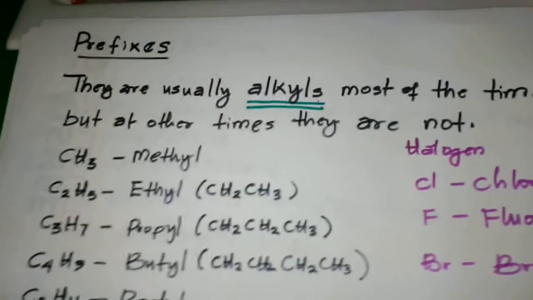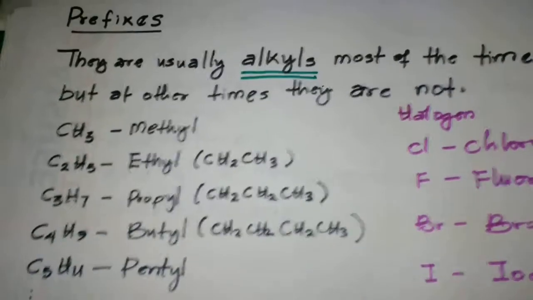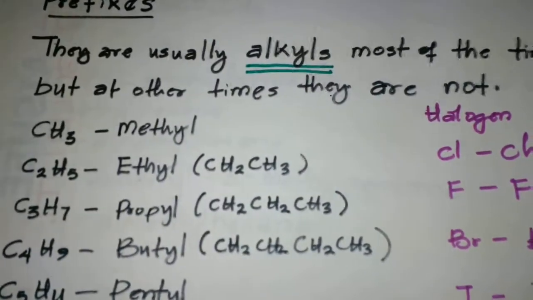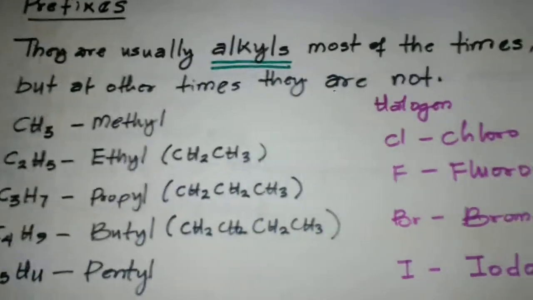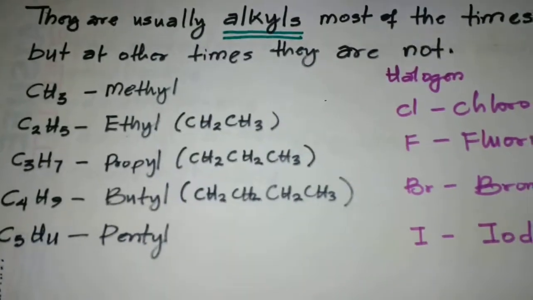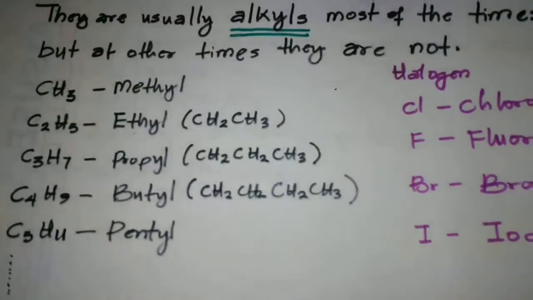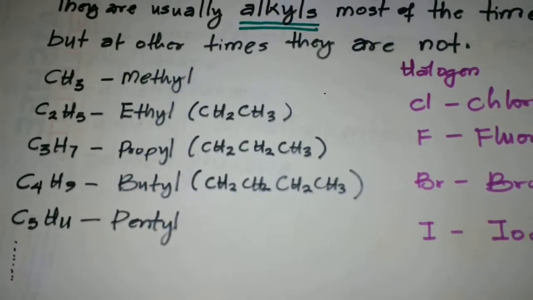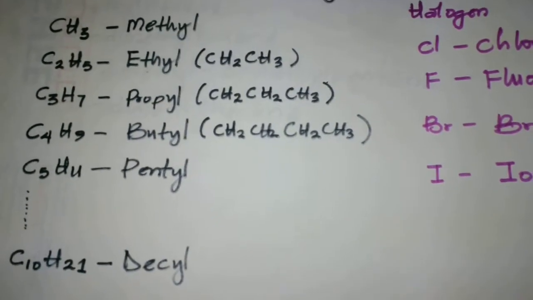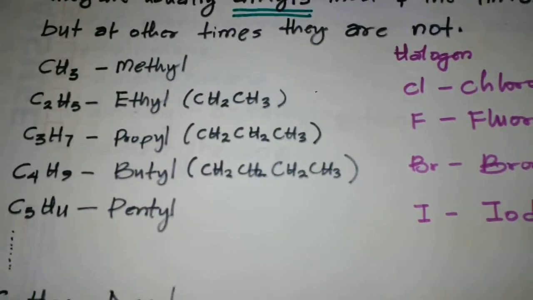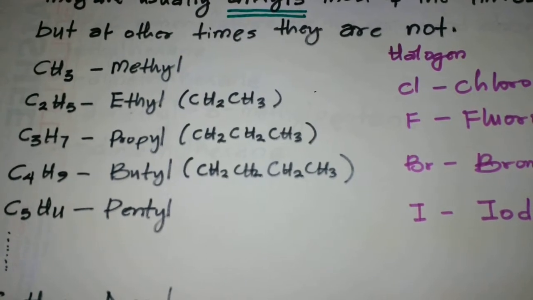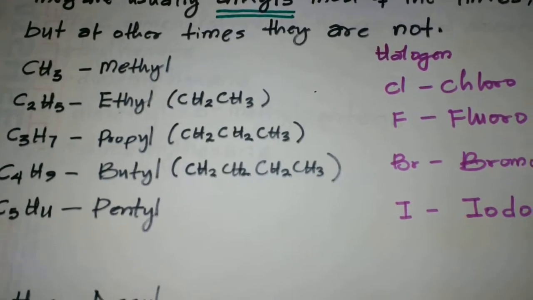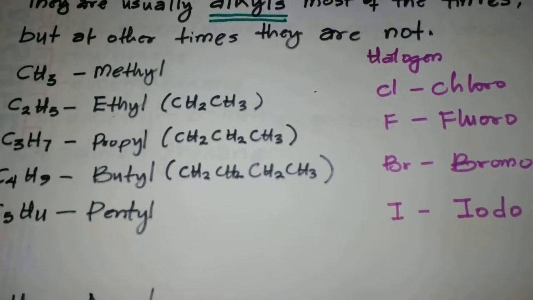Now, let's talk about the prefix. The prefixes are usually alkyl. Most of the time they are alkyls, but at other times they are not. Sometimes they can be halogens, but if they are alkyls, the alkyls that JAMB normally uses are usually around methyl, ethyl, and propyl.